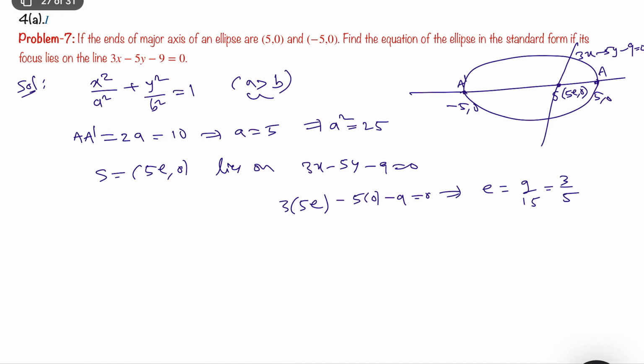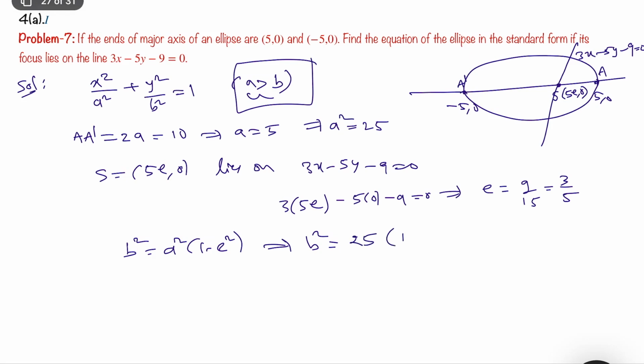Okay, now we have a relation when a greater than b case. The relation is this: b square equal to a square times 1 minus e square. Now the b square is going to be a square, we already got 25, times 1 minus e square, which is going to be 9 by 25.